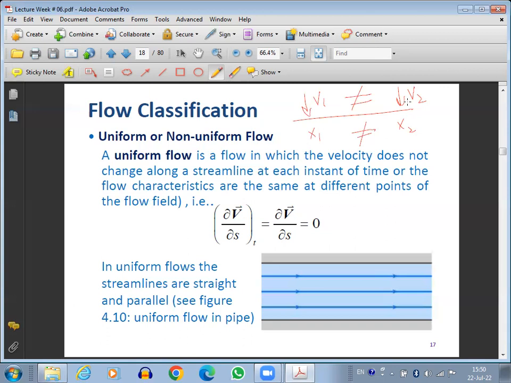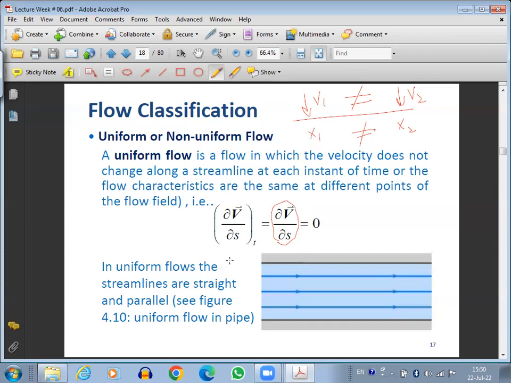Mathematically, how do you express velocity variation with space? ∂v/∂s. Why are we using the partial derivative? Because we already know that velocity has other factors through which it can vary as well, but right now we are just considering one of the factors.